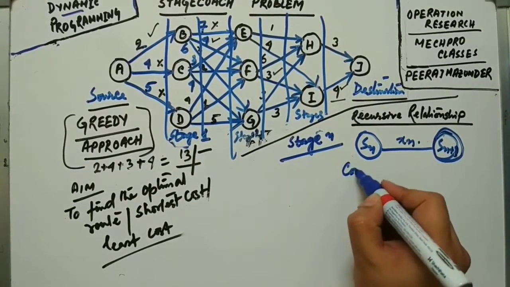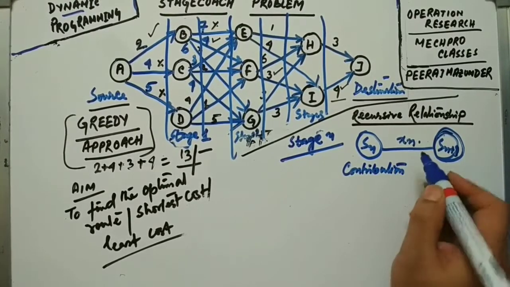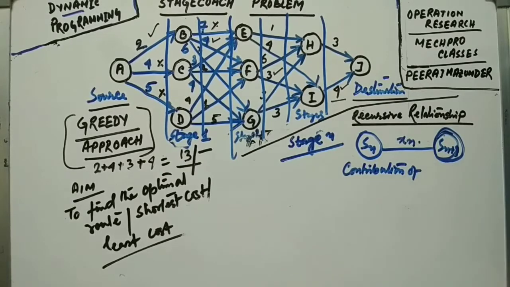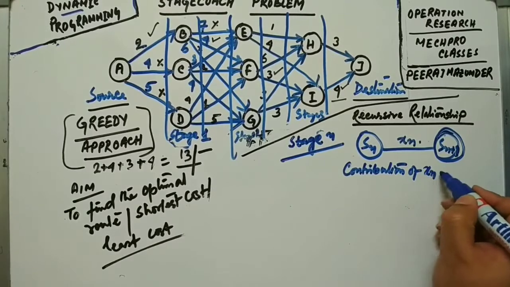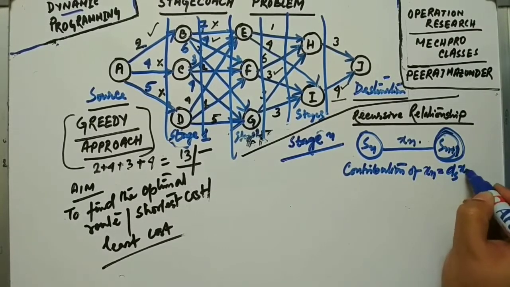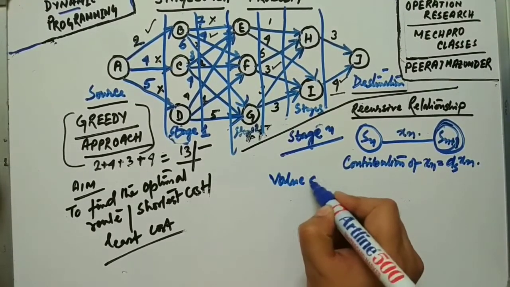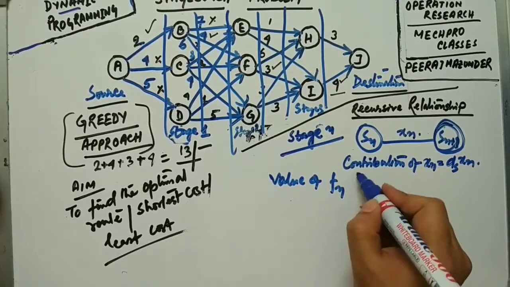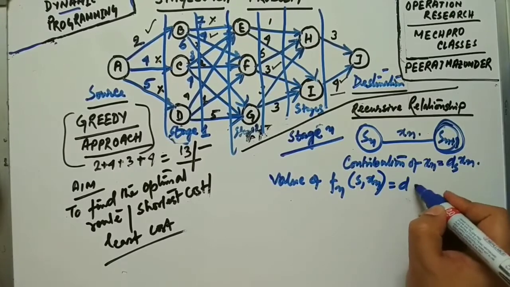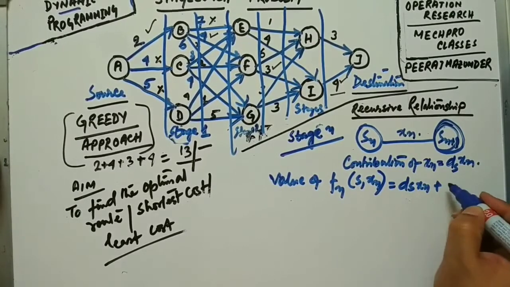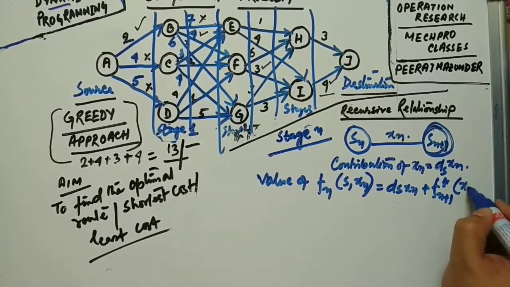Now I can write the contribution of Xn equal to d of S Xn. Now the value of f n of S comma Xn, I can write, is d S Xn plus f of n plus 1 star of Xn.